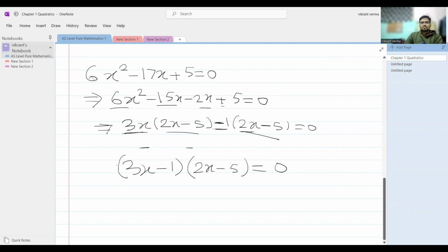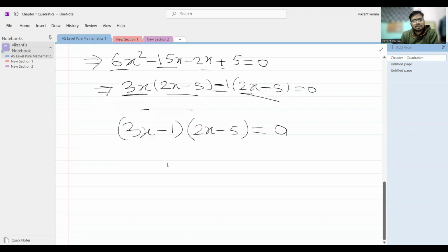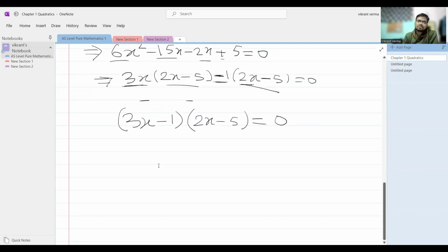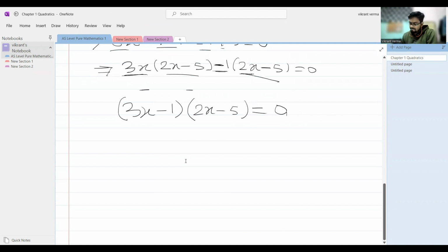Till this point you have already studied this method at your IGCSE level, so we are just revising this concept. Since you have now arrived at this particular equation, let me show you the crux of the idea of why your subject is known as pure mathematics.